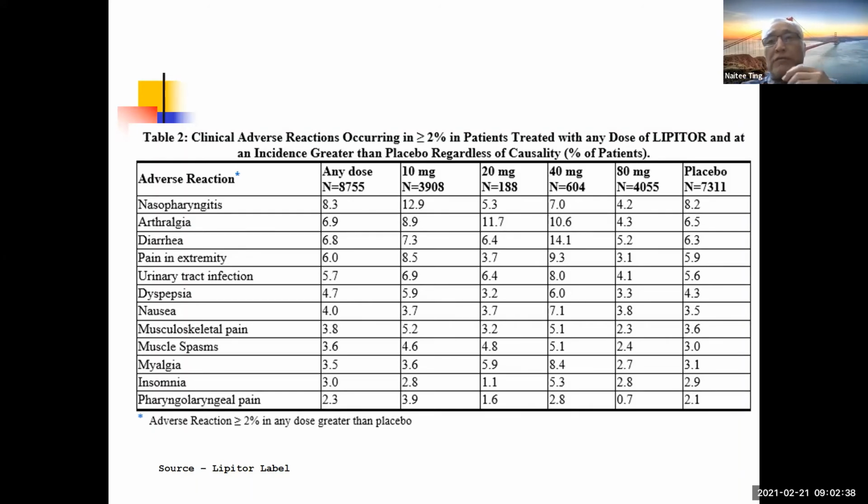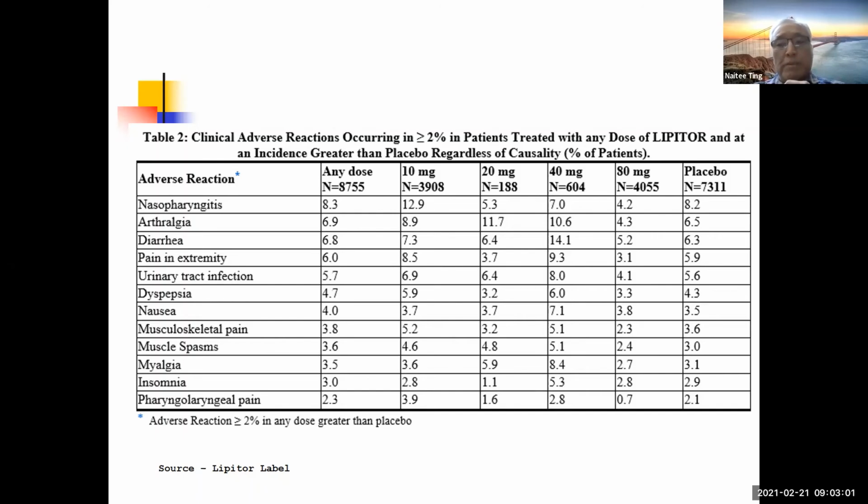But if you're developing an NBE, a new biological entity, that will go to CBER. All right, so NCE goes to CDER, Center for Drug Evaluation and Research. NBE goes to CBER, which is the Center for Biologics Evaluation and Research.